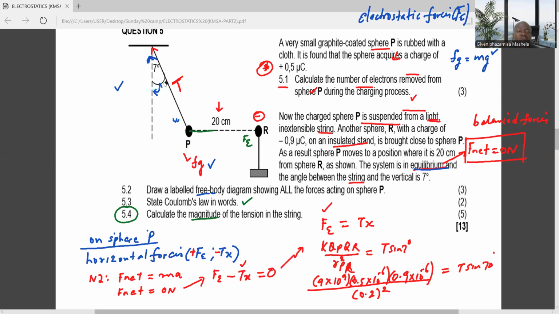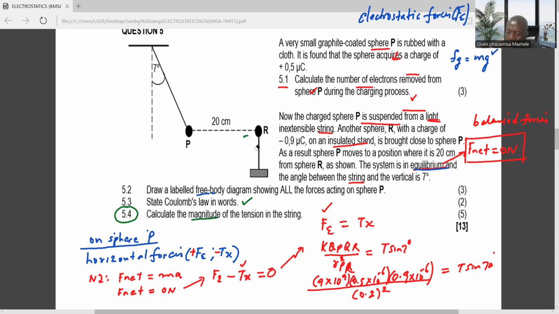Without wasting time, let's now calculate the electrostatic force between P and Q. So 9 times 10 to the 9, multiplied by 0.5 times 10 to the minus 6, multiplied by 0.9 times 10 to the minus 6, divided by 0.2 squared.